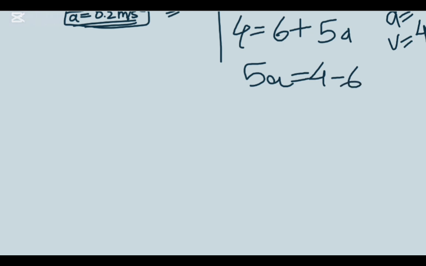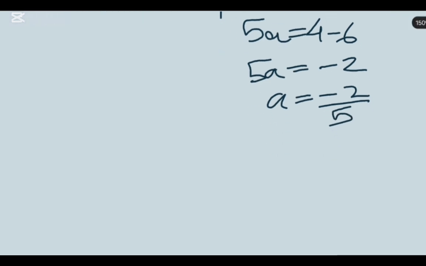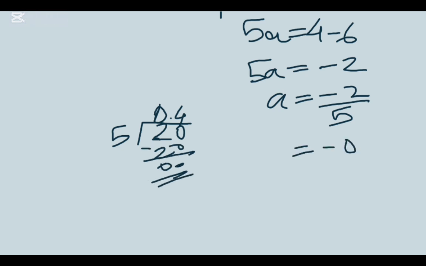It's going to be 4 minus 6, which is minus 2. A equals to minus 2 by 5. Now we are going to divide and find the answer. The acceleration is minus 0.4, and don't forget the unit, meter per second square.